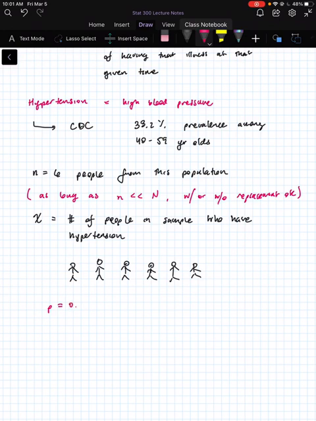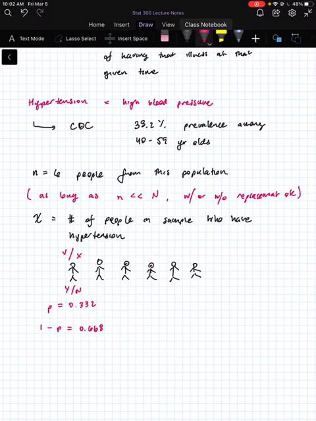So for each person, they have a probability p = 0.332 of having hypertension, which means they have a probability 1 minus p = 0.668 of not having hypertension. There are no other outcomes that we're interested in. We're just interested in whether they have it or whether they don't. So yes or no. Have it, don't have it. It's a binary, right?